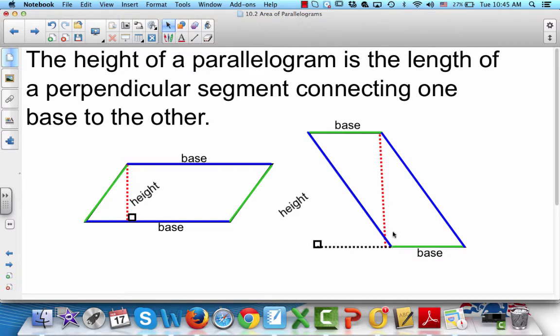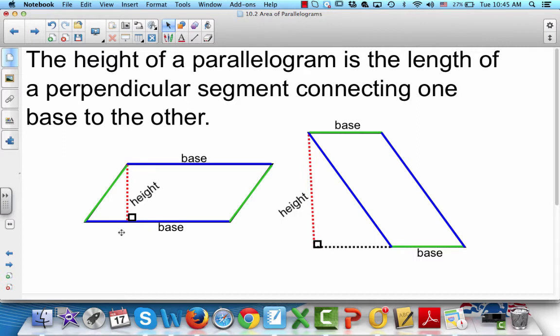It's in the wrong place. So what you have to do is extend the base out, and we get it perpendicular to the base that way.